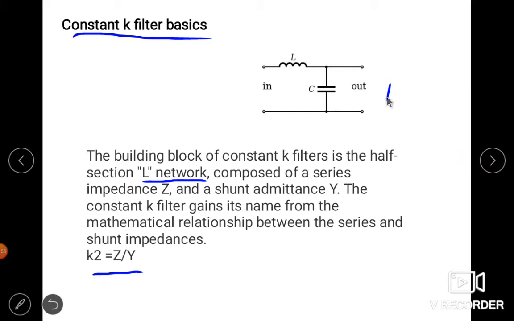Image theory defines the quantities in terms of an infinite cascade of two-port sections. What does this mean?